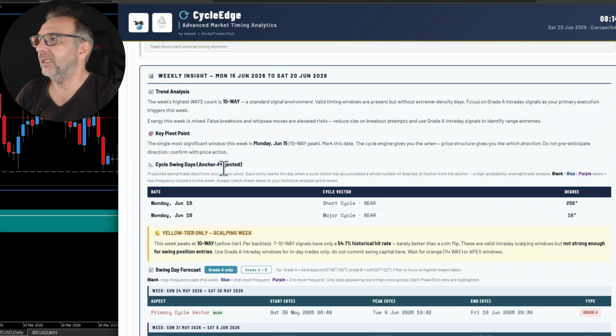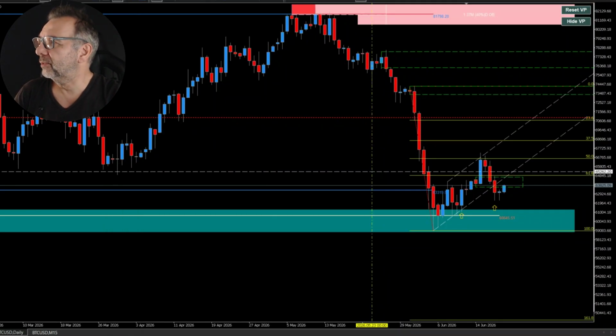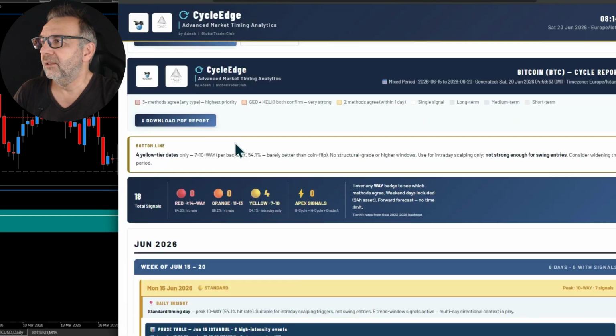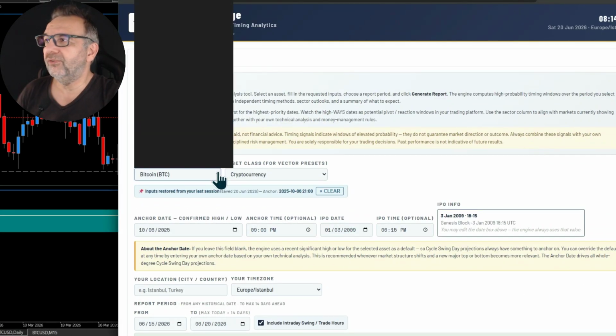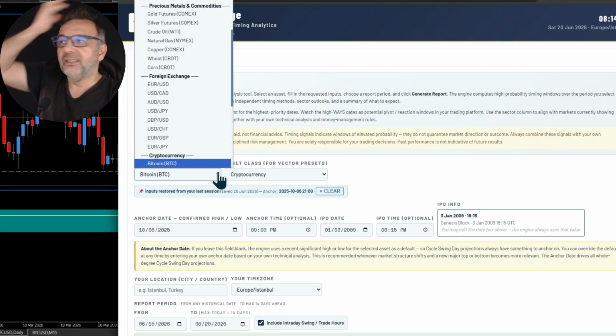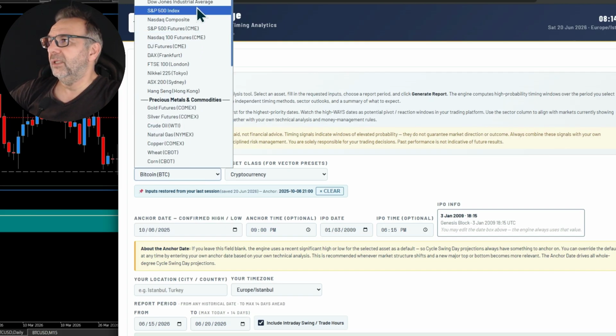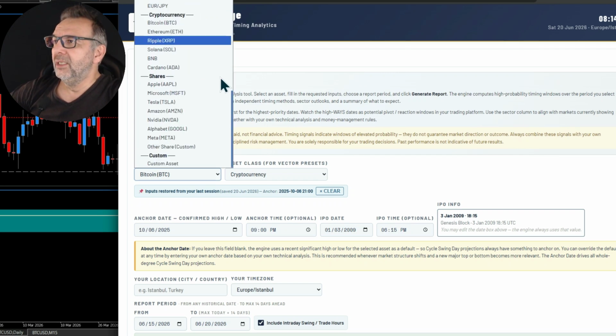That's basically it. Anything else you guys want to take a look at, just compare them. This cycle edge, I've put everything in there that we trade. So overall, the six things we look at are all going to be here: gold, indices, euro, dollar, Bitcoin. So it's all good, it's all in there, no problem.